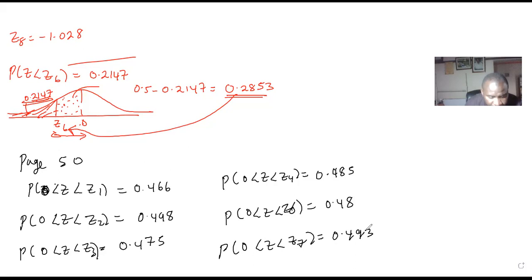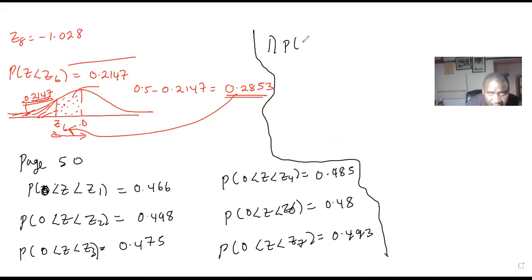Are we on that page? Yes, teacher. Now, if it is giving you probability of 0 less than Z less than Z1, check on that page and see under the column of P. Because in this sense, forget the calculator, don't think of the P of the calculator.